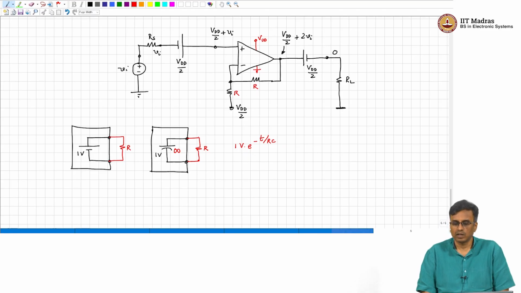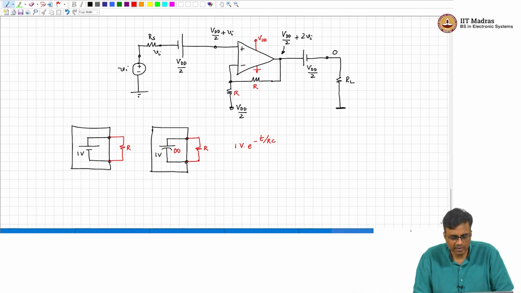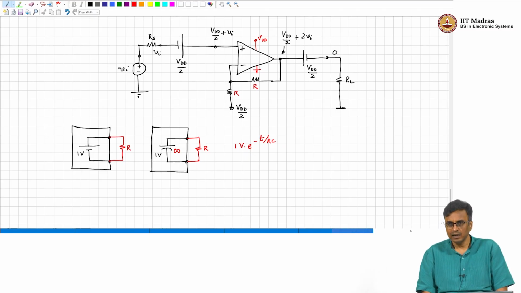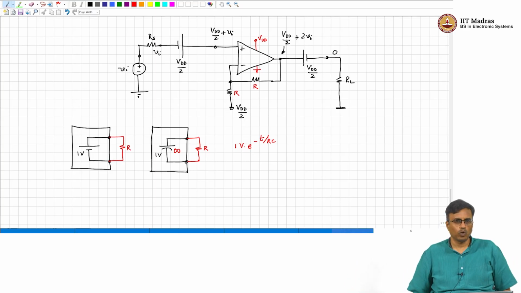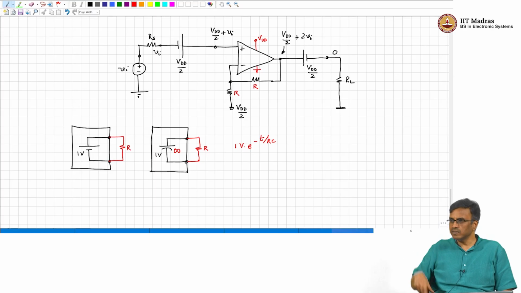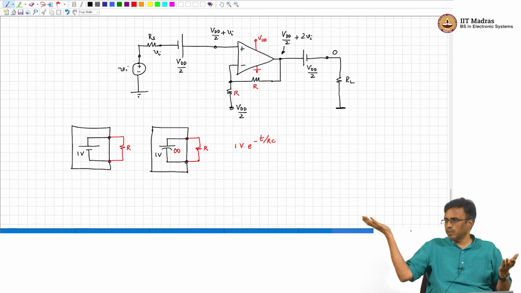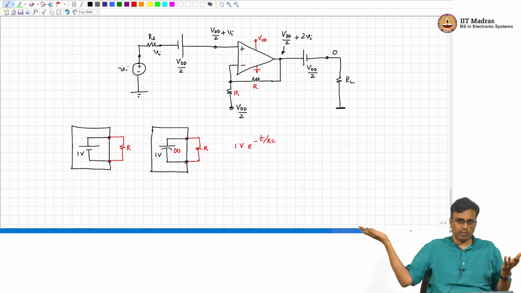It will maintain the constant voltage. So, basically if the capacitance inside was infinite, you are removing only a finite amount of charge, but there is an infinite amount of charge inside the capacitor. So, the voltage across the terminals of the capacitor will not change at all, or it will change so slowly that you will not be able to figure it out. In other words, the RC time constant is infinite. So, for all practical purposes it remains constant, that is what it means.